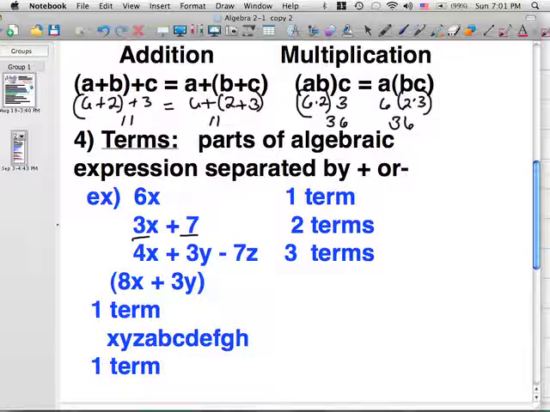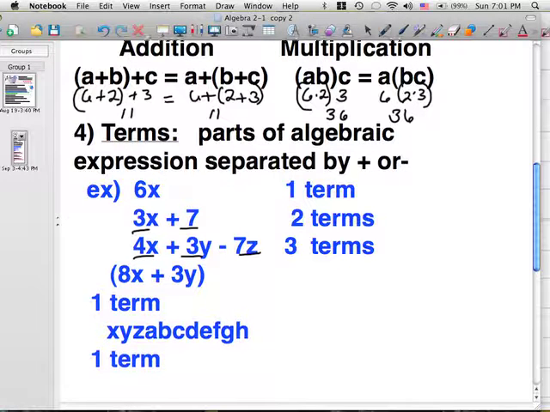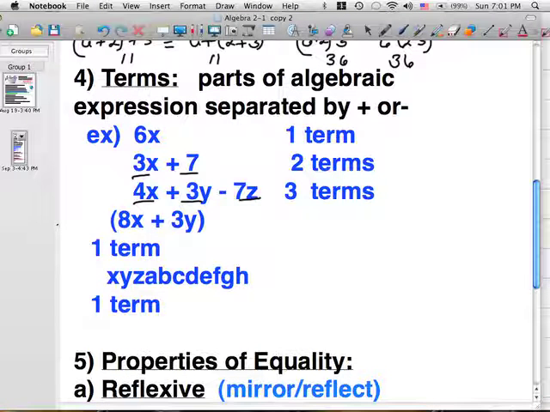The third expression has three terms separated by an addition sign and a subtraction. The next one, because it's enclosed in a set of parentheses, has exactly one term. And the last one, since all these letters are multiplied together, with no addition or subtraction, again is one term.